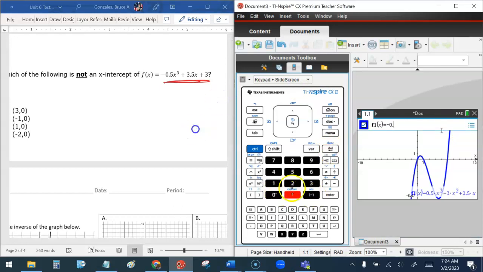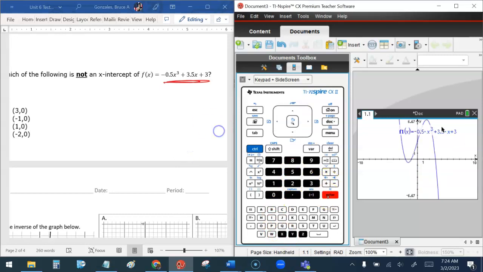Okay, -0.5 x caret 3, caret 3 for the right plus 3.5 x plus 3. Cool. Now, x-intercept, remember, another name for that is roots, zero, and solution, right?